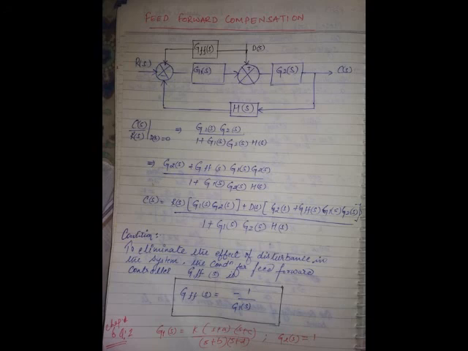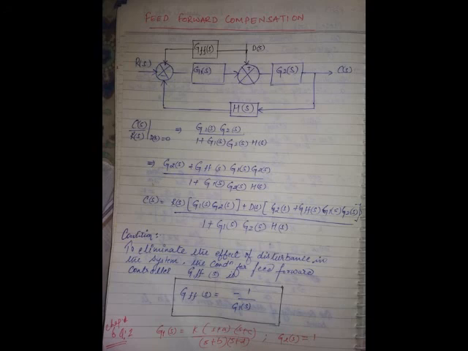You see now, suppose I want to write C by R, you have to put D of S equal to 0. What is the transfer function? G1 of S, G2 of S divided by 1 plus G1 of S, G2 of S, H of S. If you want to write C by D, you have to put R of S equal to 0.